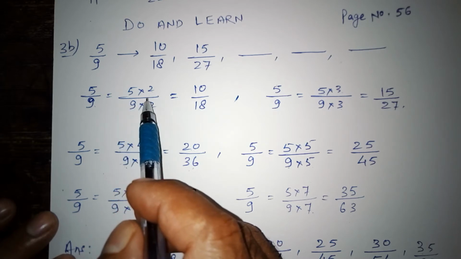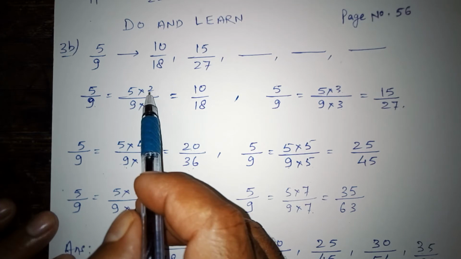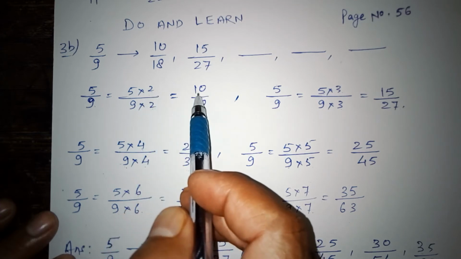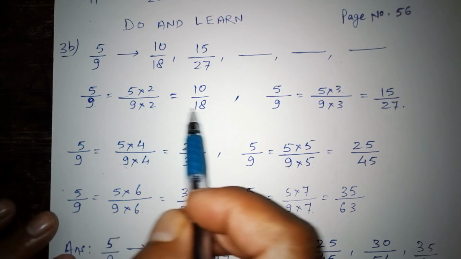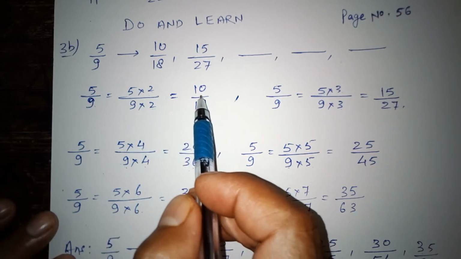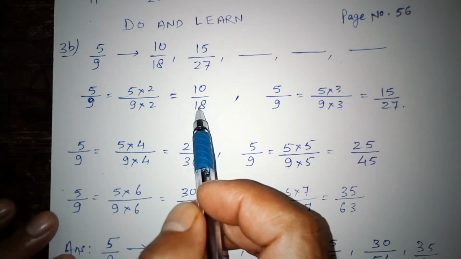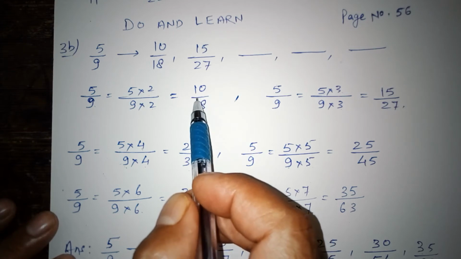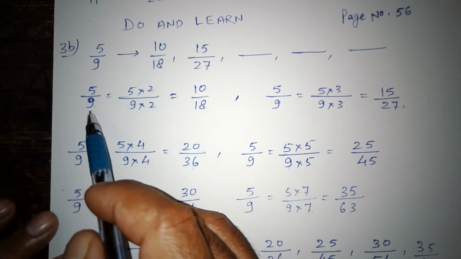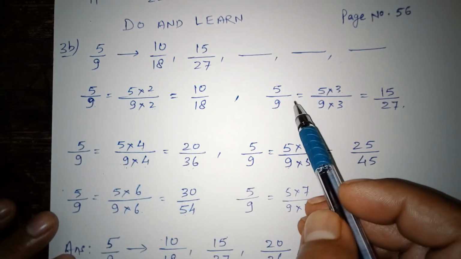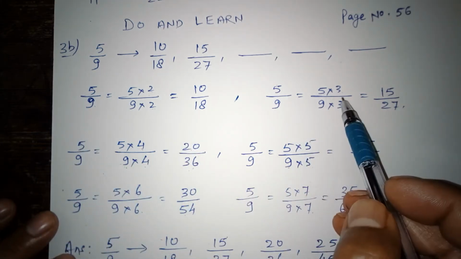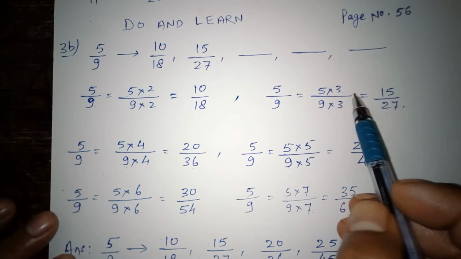As you know very well, 5 multiplied by 2 gives 10, and 9 multiplied by 2 gives 18. So 10 upon 18 is an equivalent fraction of 5 upon 9. Now after that we will find other equivalent fractions.